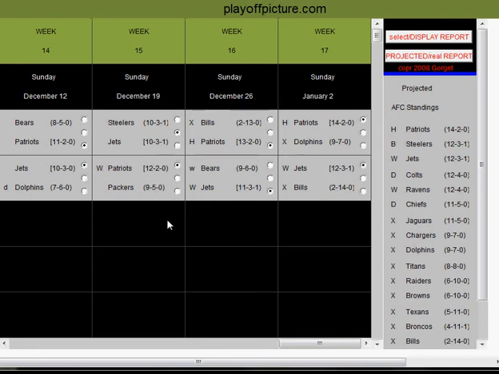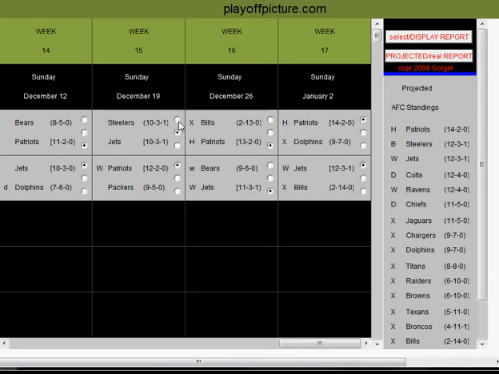On the other hand, they both play the Bears in Chicago, and the Bears are in a division race, and although the playoff app thinks that the Patriots and Jets will win those games, that's a long way from settled. I mean, a lot of people would certainly disagree with that.